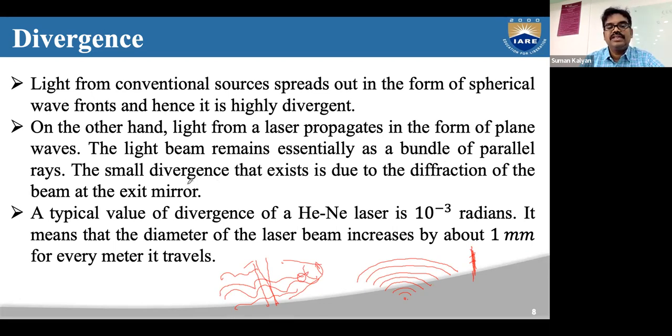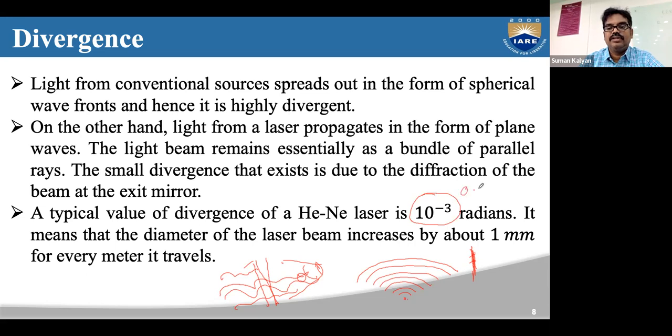There is still a small divergence that exists due to diffraction of the beam at the exit mirror. A typical value of divergence of a helium neon laser is 10 power minus 3 radians, that is 0.001 radians. You can imagine how small this angle is.